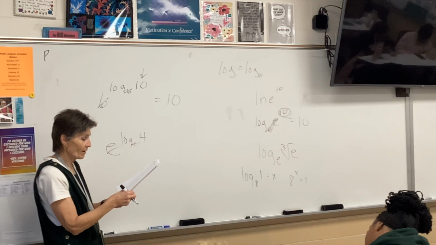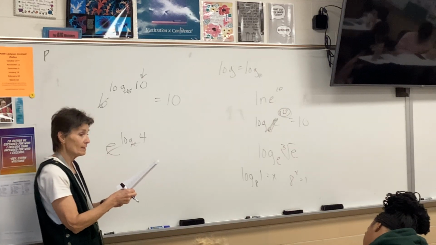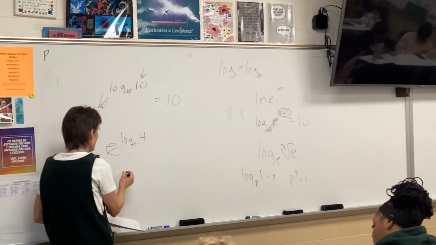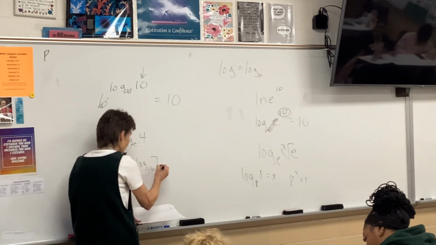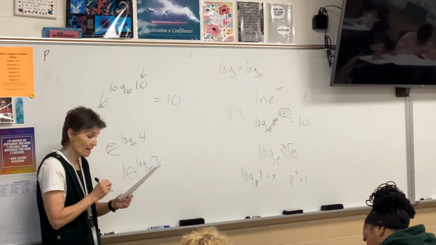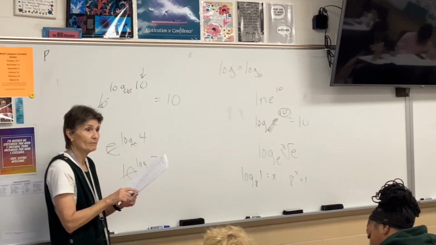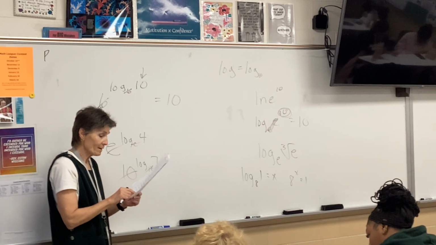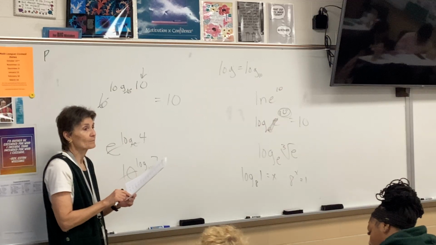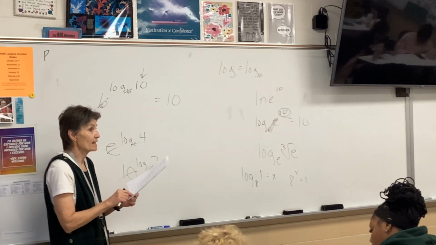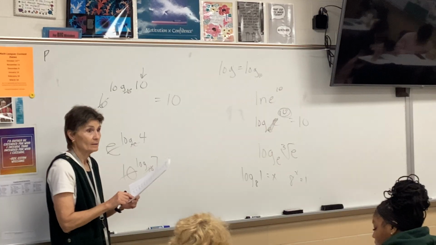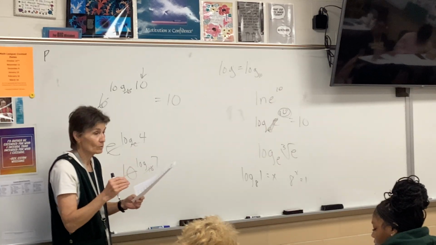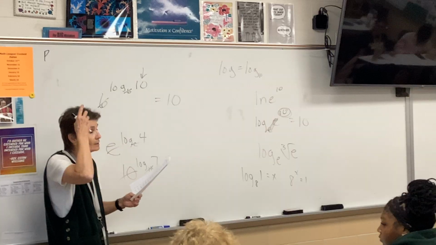And how about 25? 7, because log is base 10, so we have 10 to the log base 10 of 7, so the answer is 7 for number 25. And then what about 27? That would be 6, because ln is log base e, right? No work involved on those, you just have to know that property.